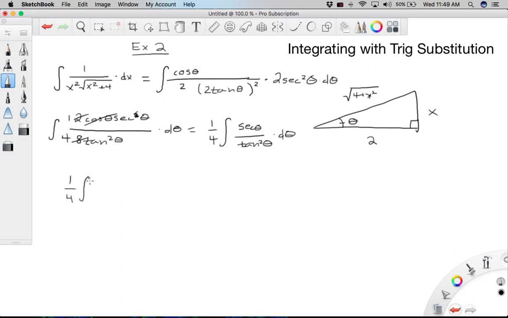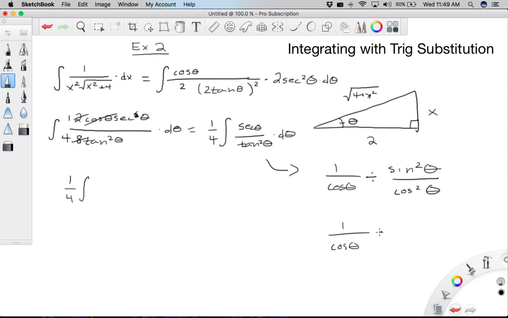So we're going to have 1/4 of, actually I'm going to take this over to the side. Secant theta is 1 over cosine theta, and then we're dividing that by tan squared, so that's going to be sine squared over cosine squared. And if you recall, dividing by fractions is the same thing as multiplying by the reciprocal.